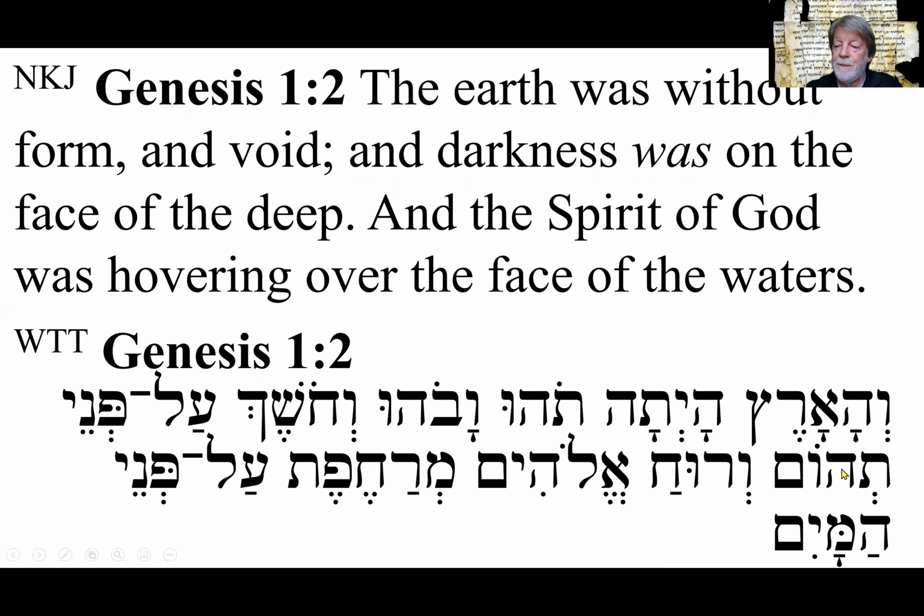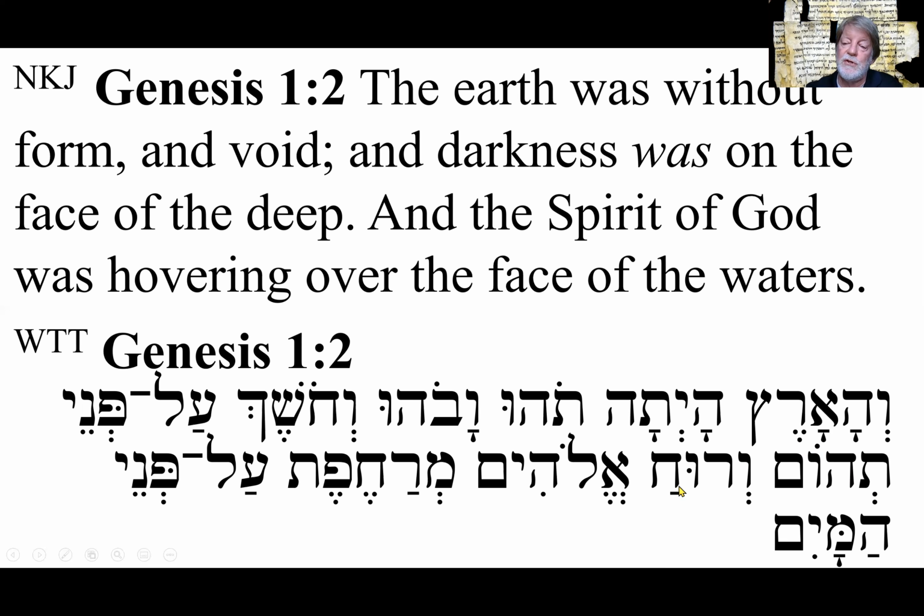hom. Now here we've got a hey with a holem vav beside it. The vav could be dropped out, but it's in there. So tehom is spelled here in this case with the holem vav. Tehom, ve, ruach.